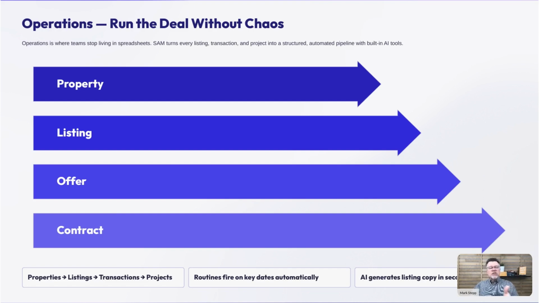And I want you to start thinking right now about what is the thing that I have my most challenging time with. If I have a new listing that comes in, is it the listing, the marketing that takes all my time to set up? Or if I get an offer in and contract to close, where am I spending my time?